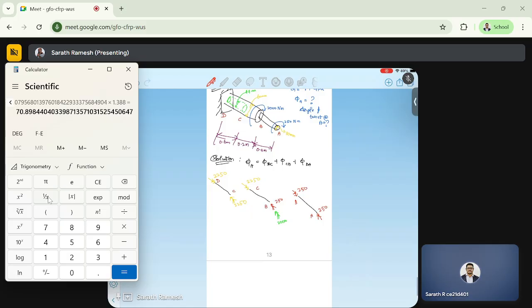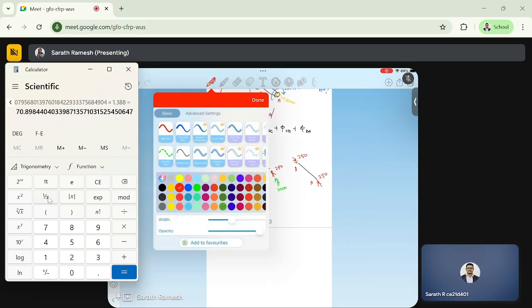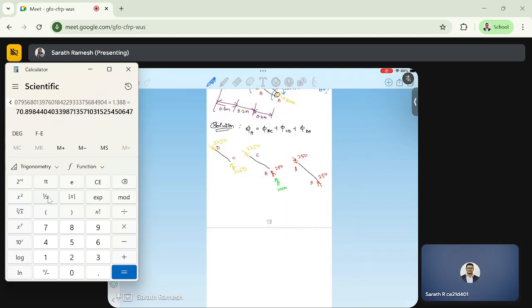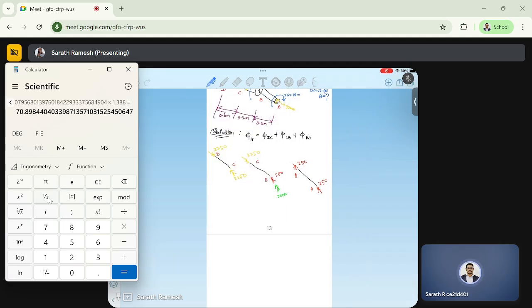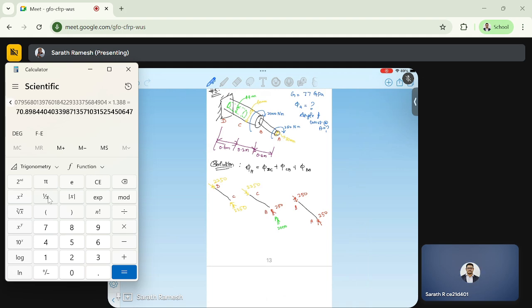Now, let's solve. For portion DC, we need J of DC will be pi by 32 into 60 power 4 minus 44 power 4. And J of BC will be pi by 32, 60 power 4.